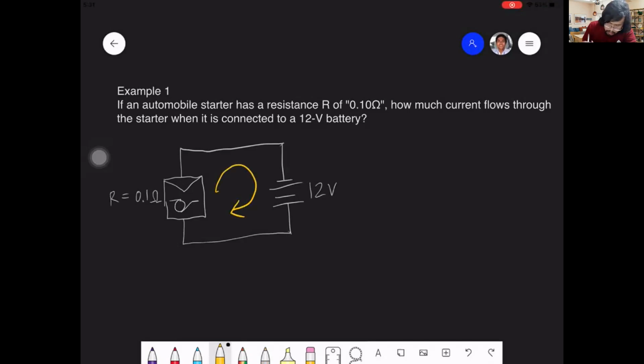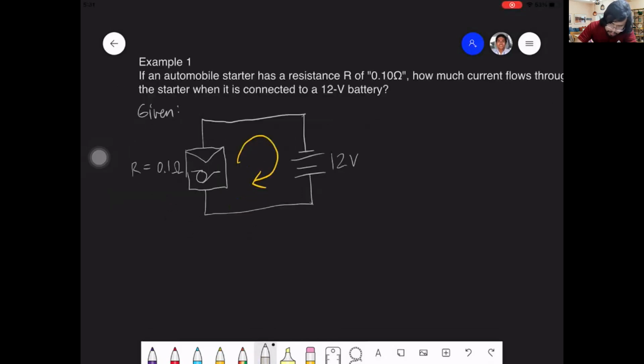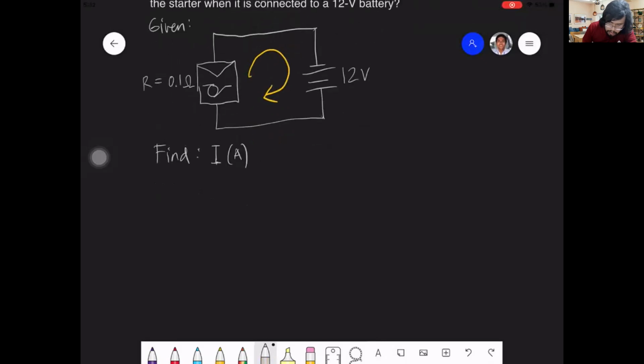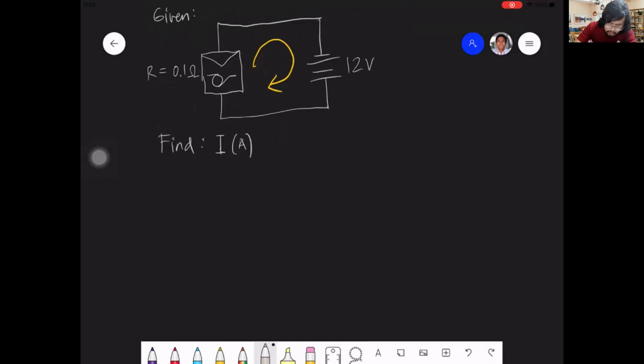Now this is the given. We have to find the current in amperes, and the unit for current is amperes. So let's try to solve the problem.